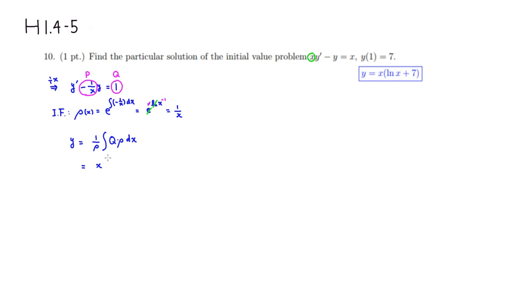Then we want to integrate, and the q is actually 1, so times rho, so it's going to be 1 over x dx. So this is going to be x times the antiderivative of 1 over x, which is the natural log of the absolute value of x, plus some constant c.